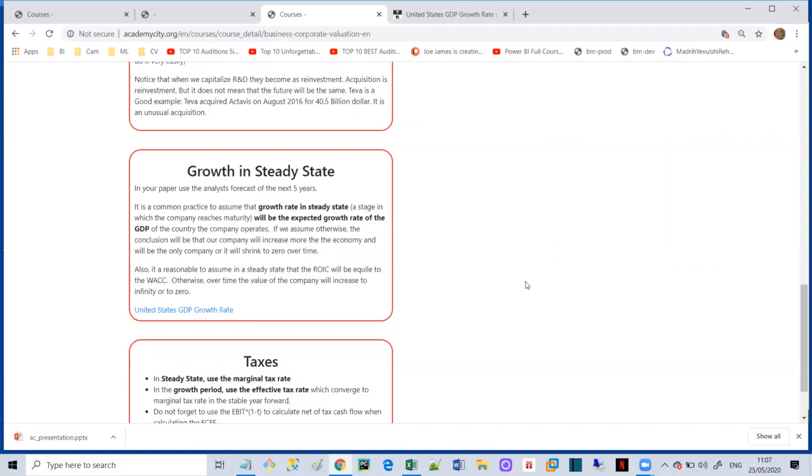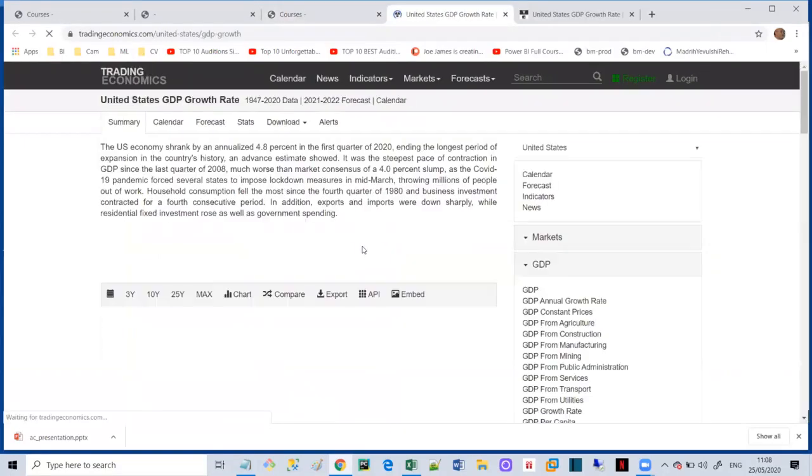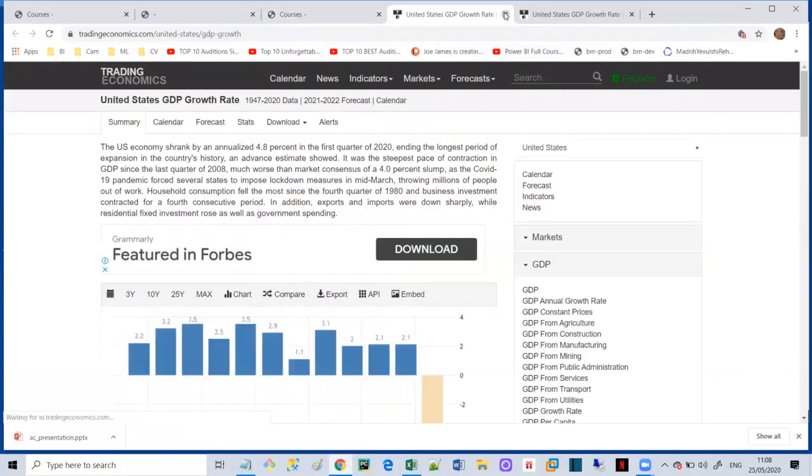You can play with it and convince yourself that it's true. If the whole economy grows 2% and my company grows 3%, after 100 years my company will be the only company in the industry. So the assumption is usually how much the GDP is going to grow in the long run. I will look at some articles and estimates like this one, I'll give you a link. That's what we did so far.